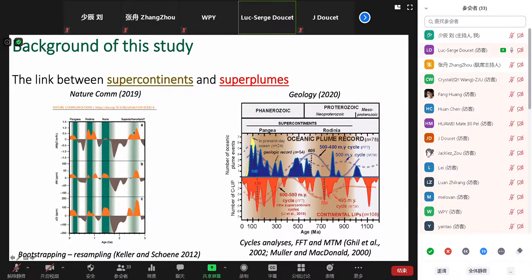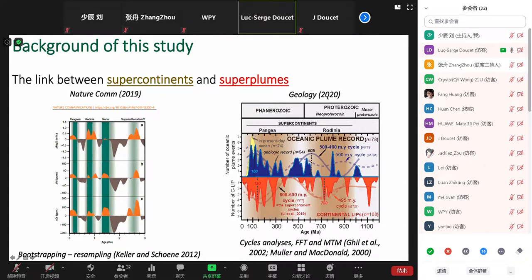So when you have a positive delta MgO, you have more MgO in basalt at the time. When delta MgO is negative, you have less MgO in the rocks. When you do that for the entire record of 3 billion years, you see a positive anomaly for MgO, nickel, and chromium during the assembly and the tenure of the supercontinent. So this is a really important result that shows we have a clear link.